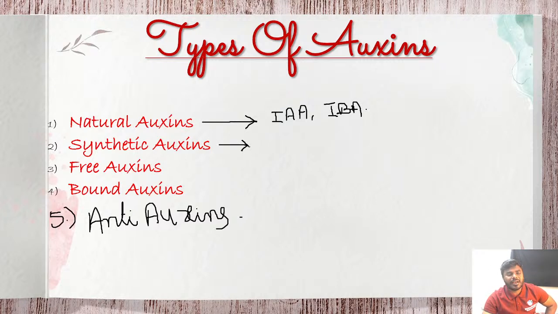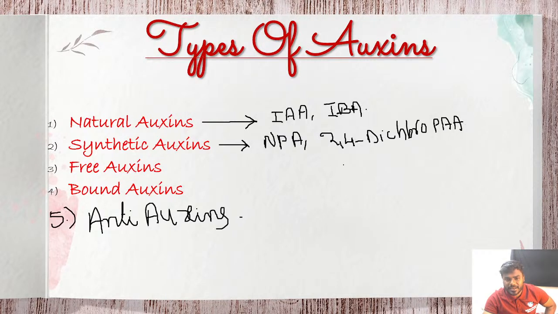The name itself indicates those which are synthesized, artificial or man-made. Best examples you have to remember: NAA, naphthalene acetic acid. Friends, please remember the examples. 2,4-dichlorophenoxyacetic acid, 2,4,5-trichlorophenoxyacetic acid.